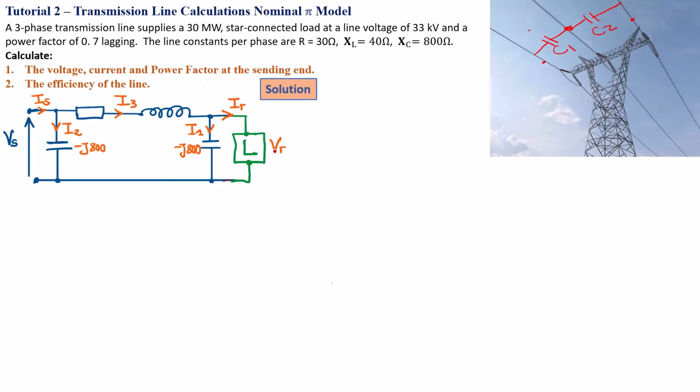Now the answer is very simple, and you have to pay attention. This model or method is widely used because it effectively represents both the series impedance of the line and the shunt capacitance at both ends of the transmission line, making it suitable for medium length transmission lines of typically 80 to let's say 250 kilometers.